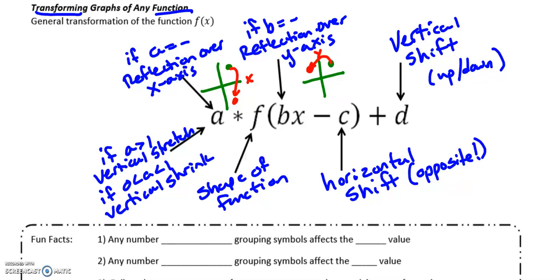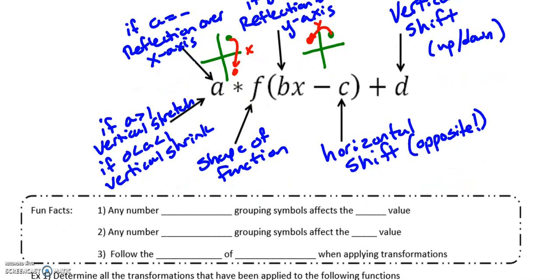So there's all the transformations that I can do to any function. A couple things to notice, fun facts. Notice how everything here outside is talking about vertical. So any number outside the grouping symbols is going to affect the y value, because it's changing how we go up and down. Any number inside of the grouping symbols is going to affect the x value.